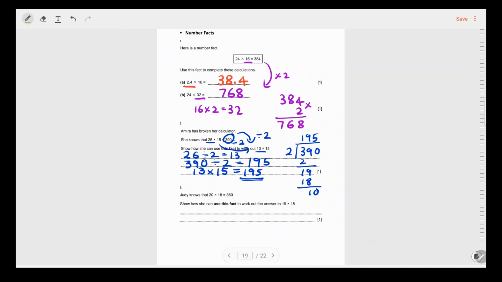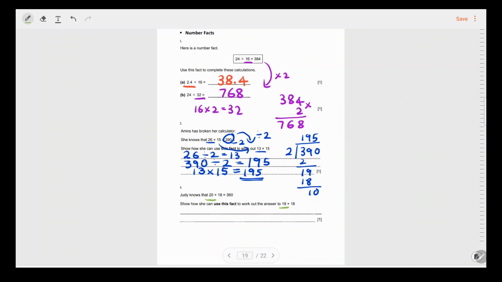So next we'll go to question number 3. Here we have 20 times 18 is 360. But the question says 19 times 18. So here it's actually 1 less, right? You can see that 19 is 1 times table less than 18.